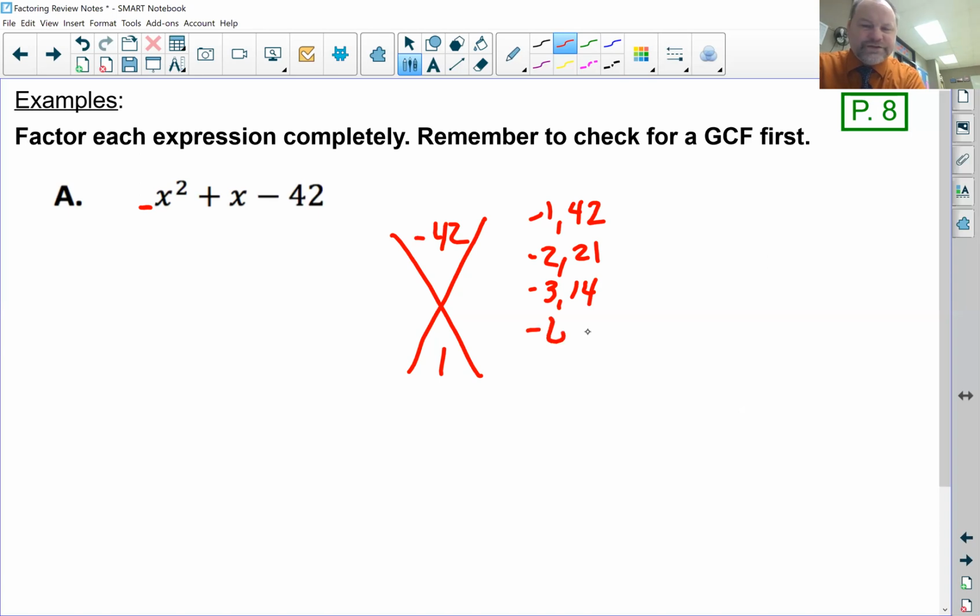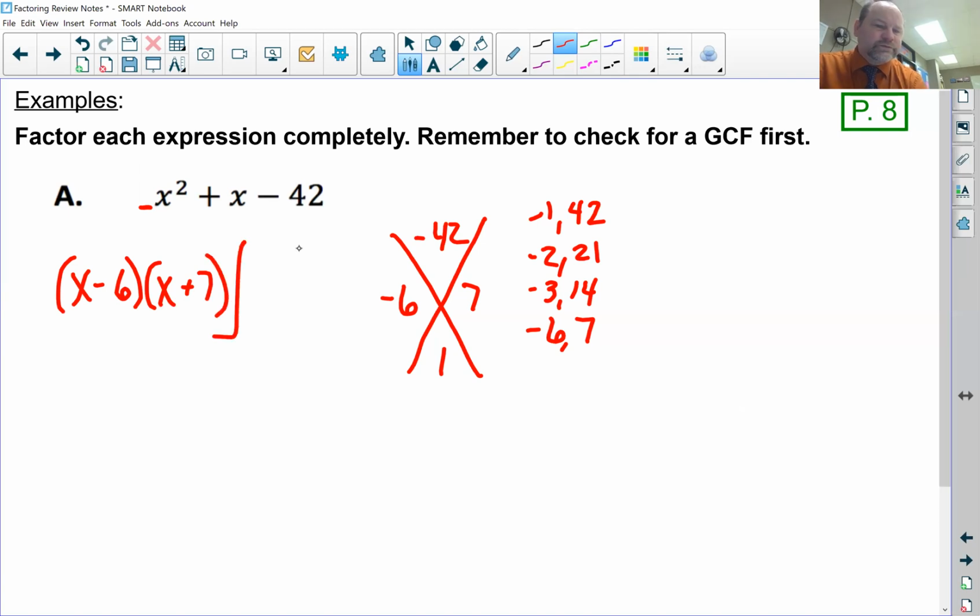So negative 6, positive 7, and that does add to 1. And there's our answer.